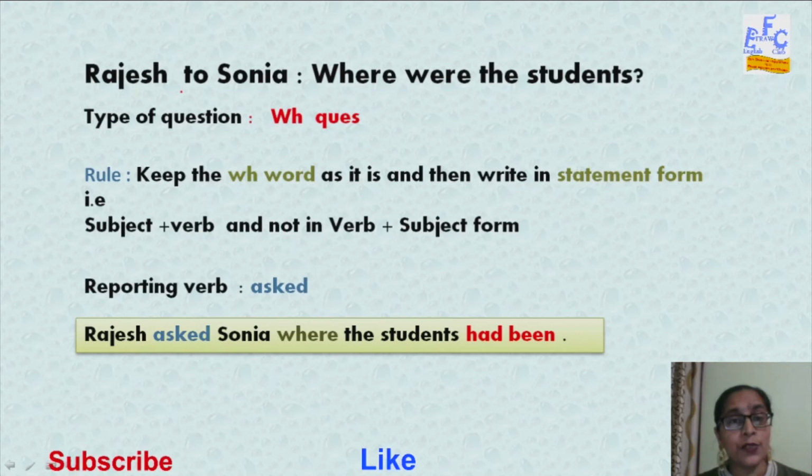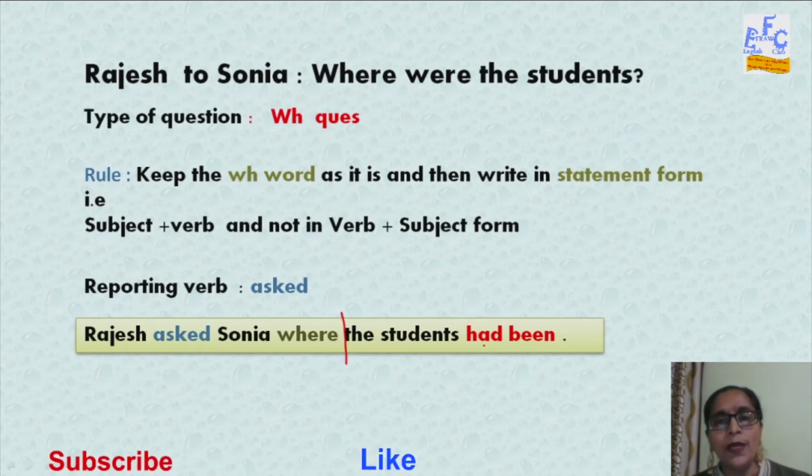Rajesh asked Sonia where the students had been. Okay, so look at this. Rajesh asked Sonia where the students had been. We have kept the WH word as it is and converted the question into a statement. The students were.